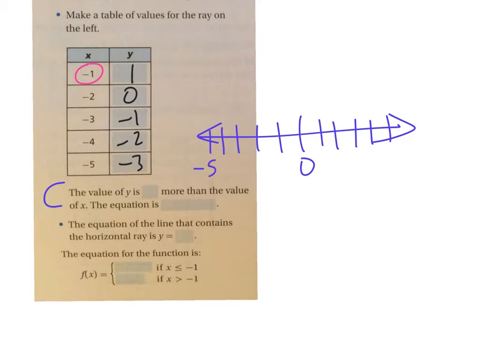Well, here's -5, -3. Well, if you notice, this is when there's 2 more. So this is 2 more. And if you look at -4, which is right here, and -2, again, 2 more. So all of these happen to be 2 more than the value of x.